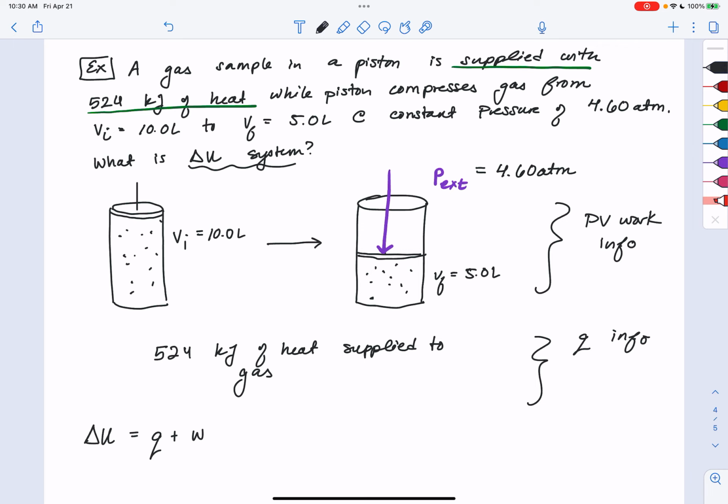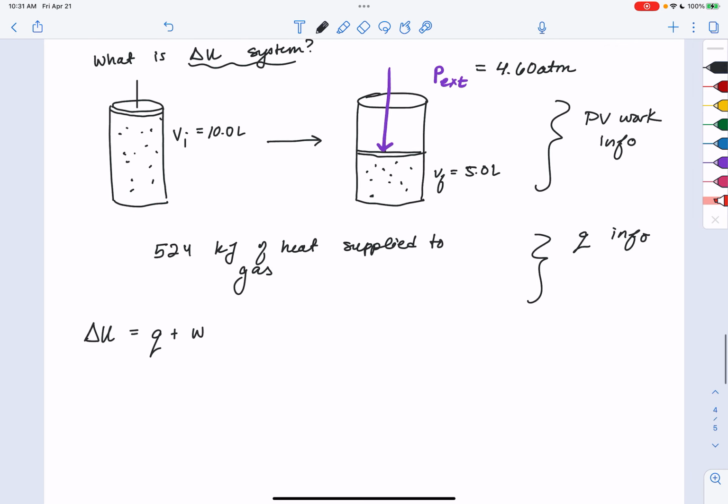All I was told was that 524 kilojoules of heat was supplied to my gas. So let's think about what this might translate into mathematically.